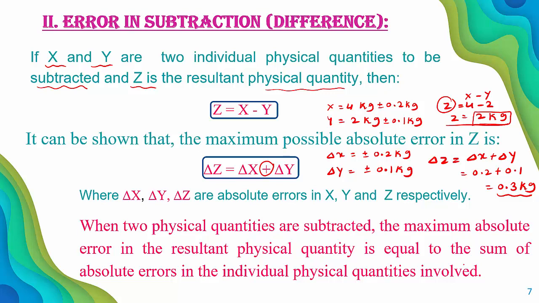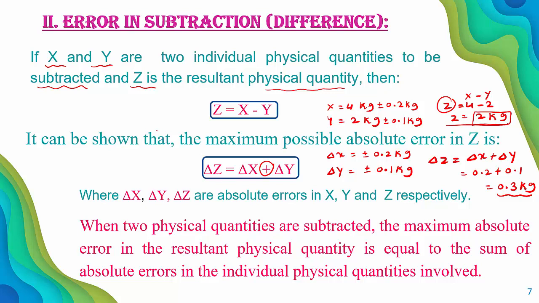That's why in addition we use the same equation, delta z equal to delta x plus delta y. In subtraction also we use the same equation, delta z equal to delta x plus delta y. What are delta x, delta y and delta z? These are absolute errors in x, y and z respectively.